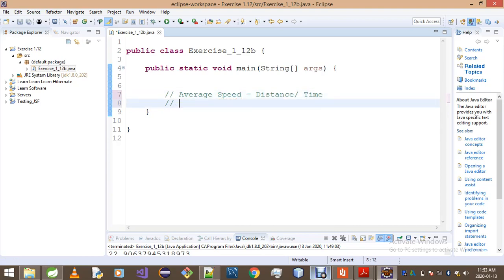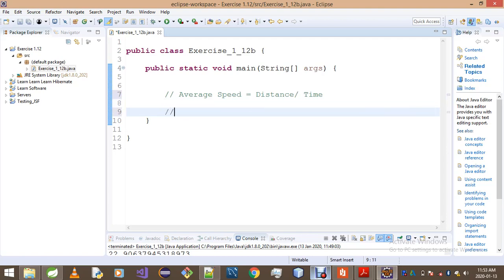But the first thing we gotta do is convert our distance to kilometers and our time to hours. Once we do that, we're gonna be able to proceed with our calculation.